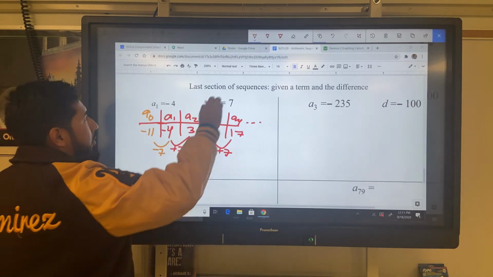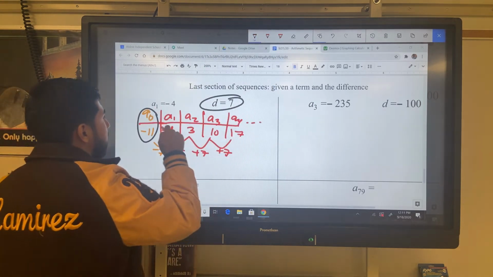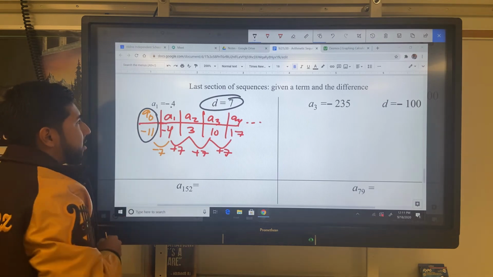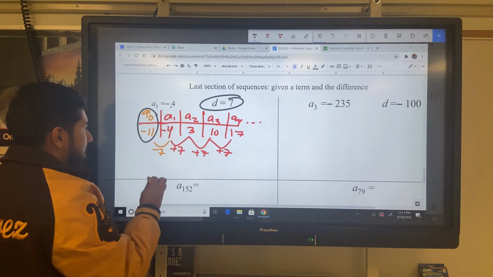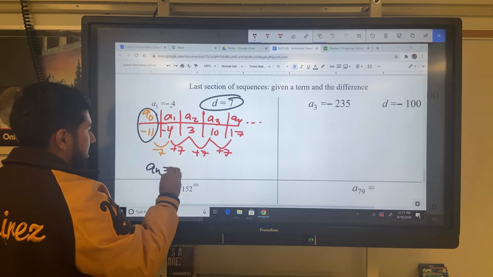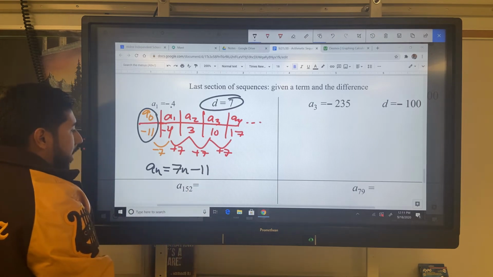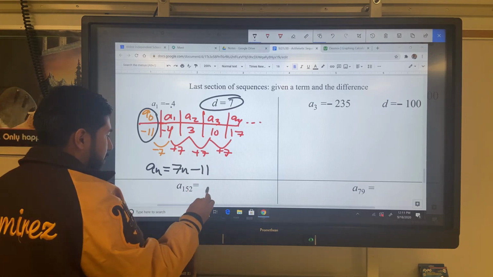So our function rule is these two numbers, not this one, because we're looking for A0 all the time. So we have An equals 7n minus 11. And then we use that, okay? So we're going to do it already.